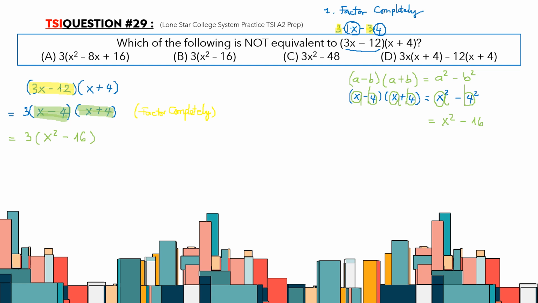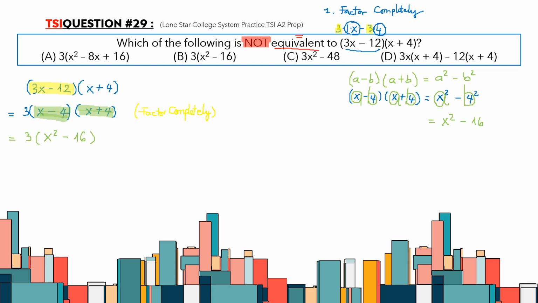And notice that they're asking for the one that is not equivalent. Equivalent means the same. Equivalent means equal to. So which one is not equal to, right?